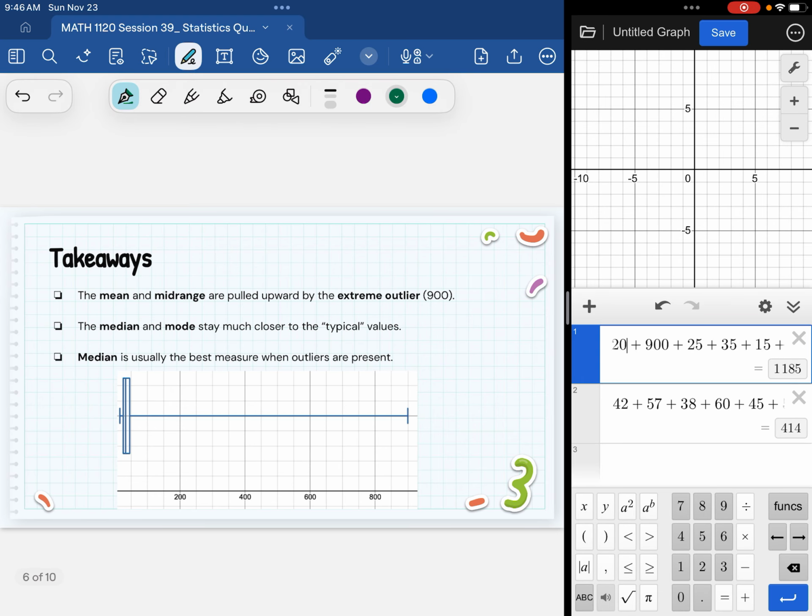Let's talk about some takeaways here, right? So what happened to that mean in that mid-range? That extreme outlier of $900 drastically increased that mean and mid-range. That mid-range is going to be somewhere in here, right? That $457.